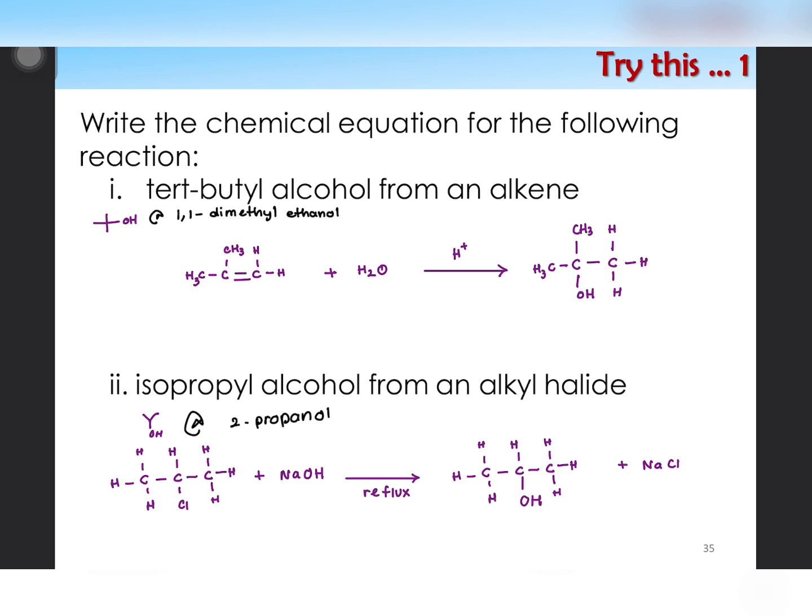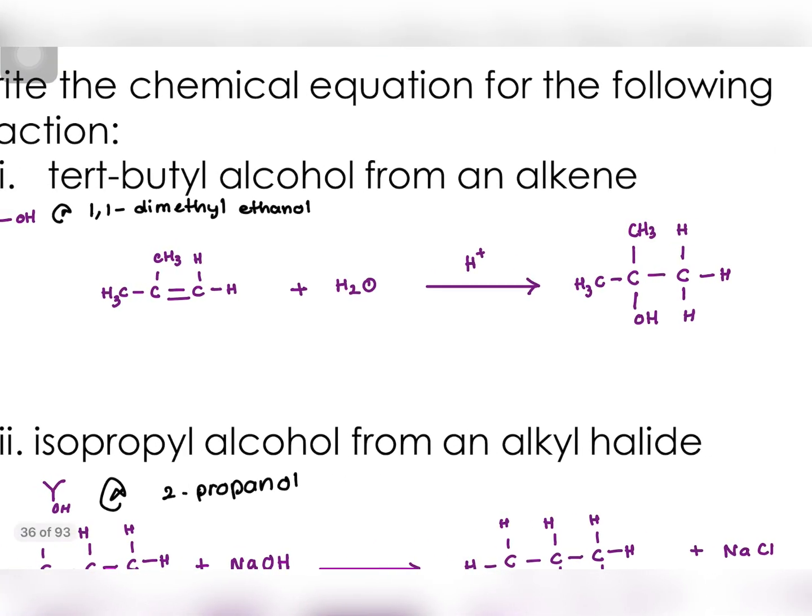The first one, from tertiary butyl alcohol, kita nak form dia daripada alkene. So maksudnya C double bond C form alcohol. Macam mana? Okay, so ini adalah hydration of alkene. So first lukis dulu your structure here.